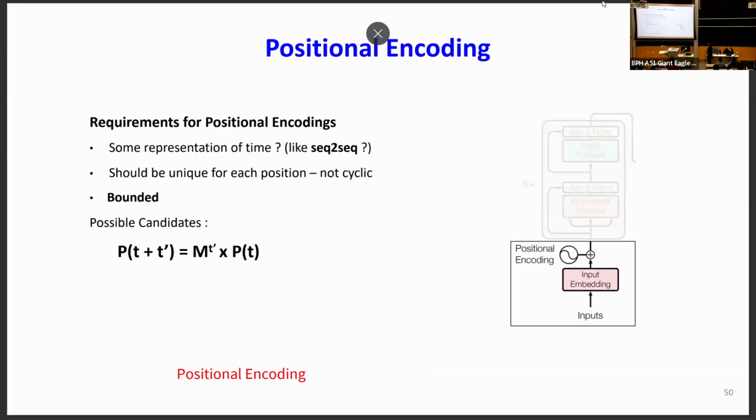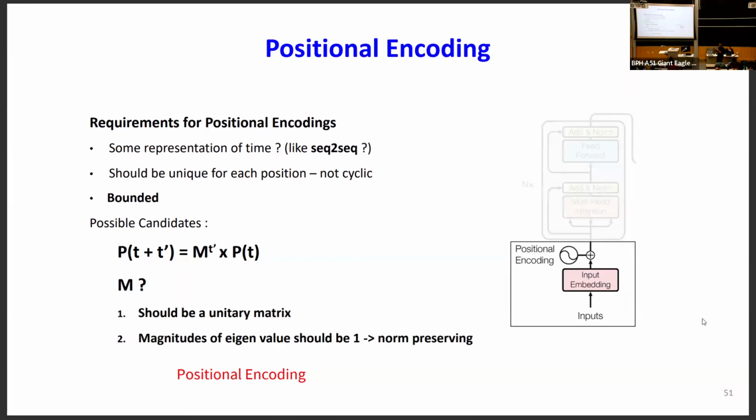So another candidate that we can have is something like p(t+t'), where you have a matrix M, and you say that you can obtain a new positional encoding from an existing encoding by just having the difference between them. And this basically is, here M is your rotational matrix. This concept is a little tricky for me at least.